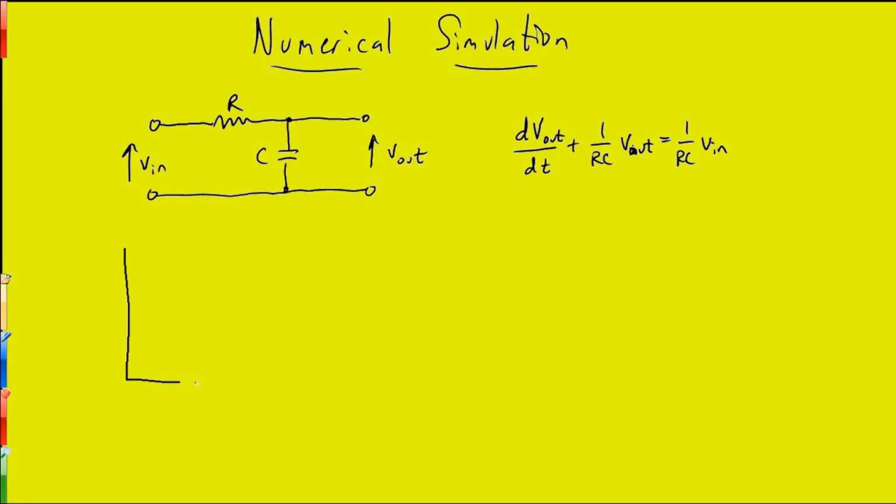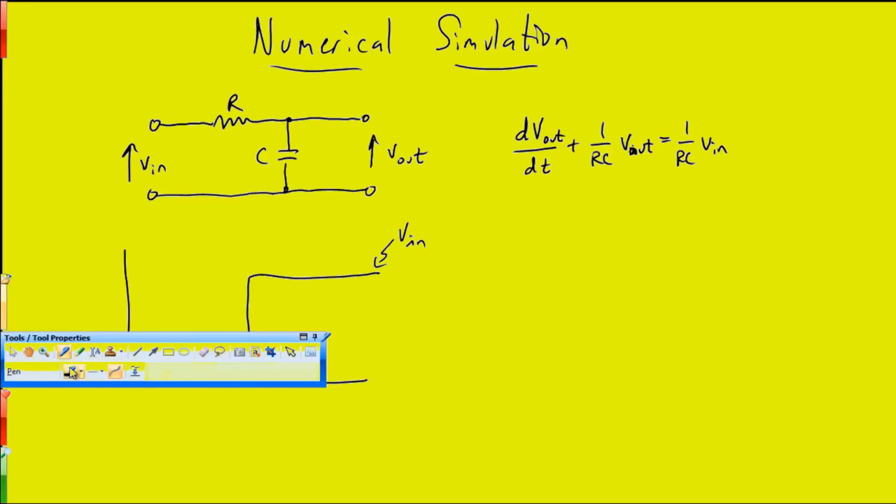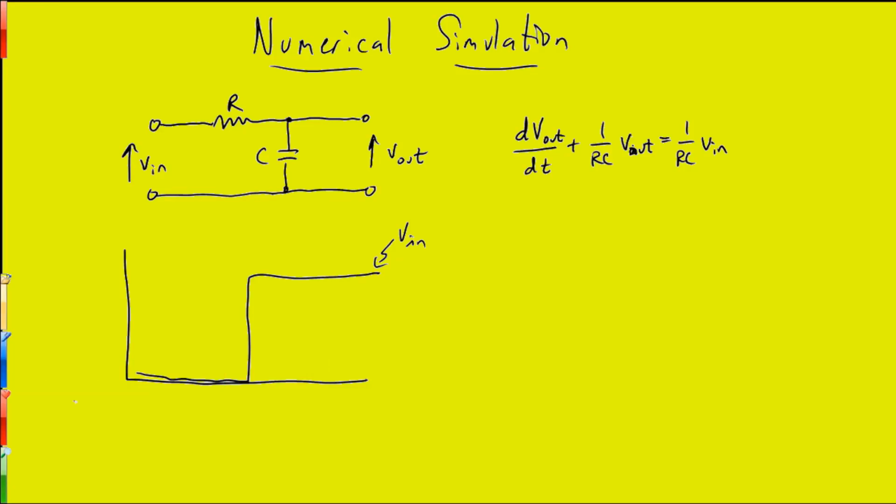And we showed that, for example, if we were to input a step function that looks something like this, we'll call this Vin, we would get some function out that looked something like this. There's a decaying exponential in there, which is what you expect out of first order ordinary differential equations.